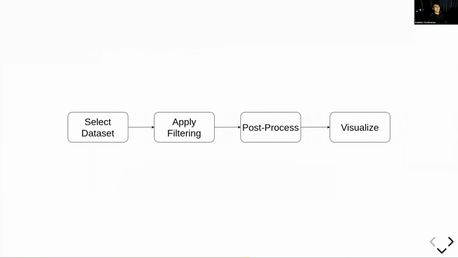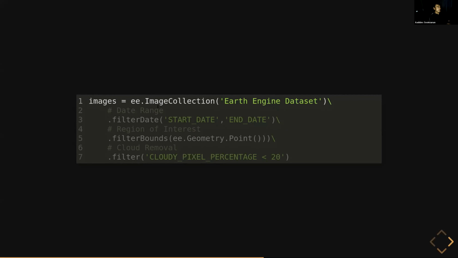So let's say you want to access the Sentinel-2 data, which I went through before. You typically want to select a data set, apply some sort of filtering, whether it be by region or time, apply some sort of post-processing, and then visualize it. As opposed to the process of selecting images for a patch on the Earth's surface and manually aligning them and selecting them, searching for these images at particular points in time, what you can instead do using Earth Engine is load an image collection.